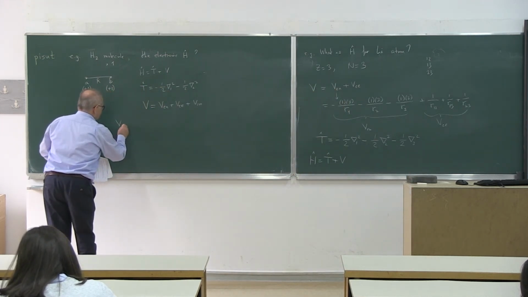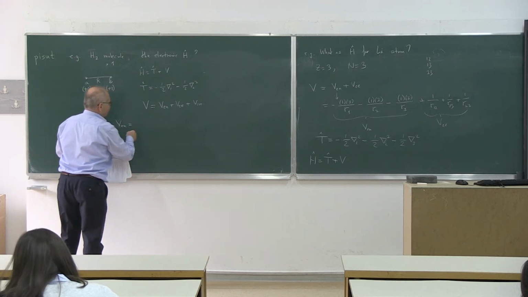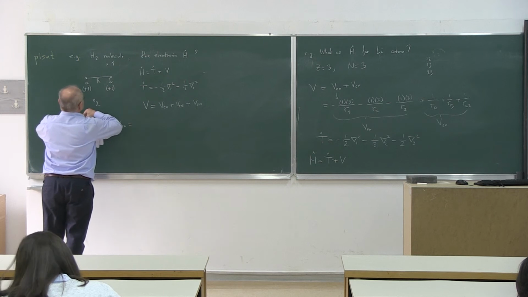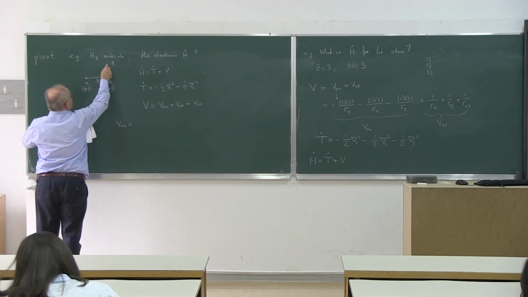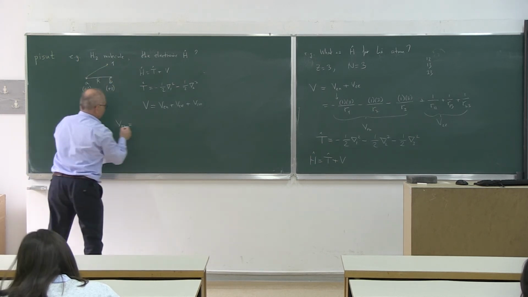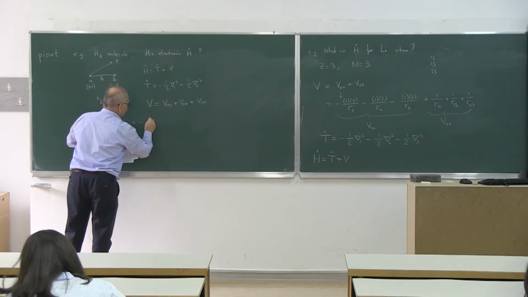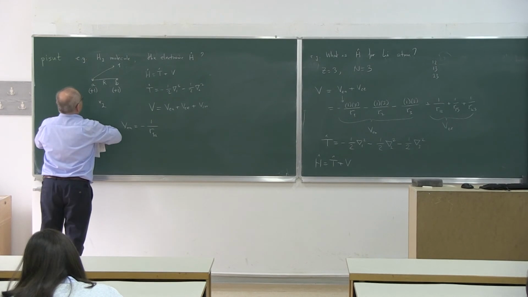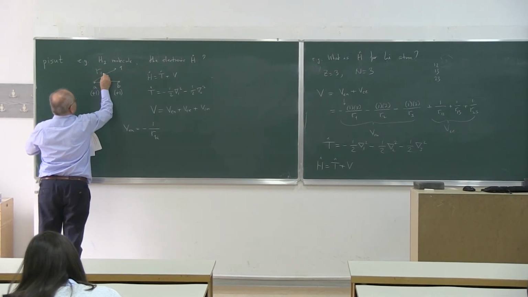So, what is electron-nucleus attractions? Attraction of the first electron to nucleus A, minus 1 times 1 divided by R1A. Now this is a distance.